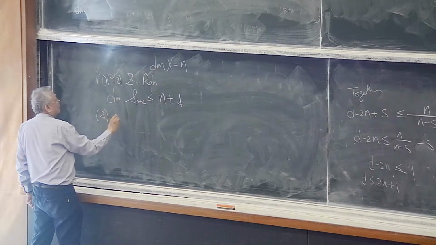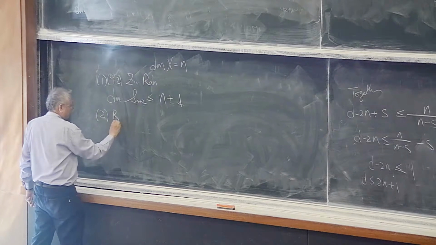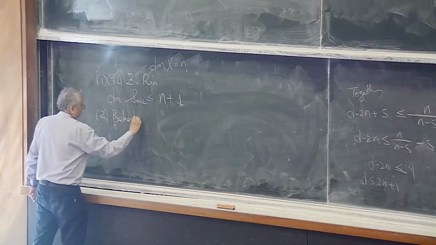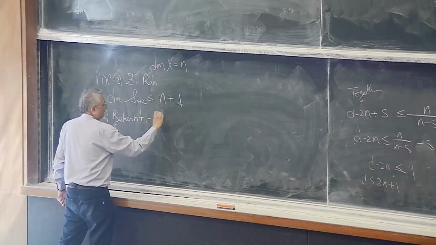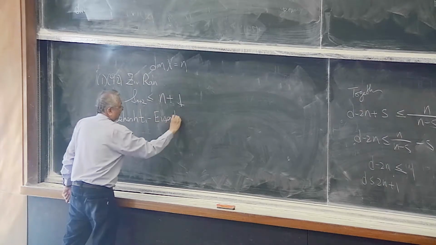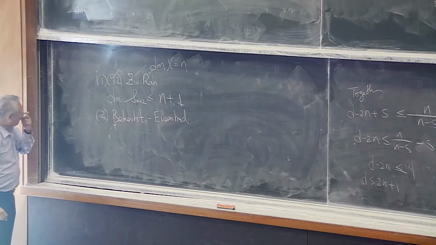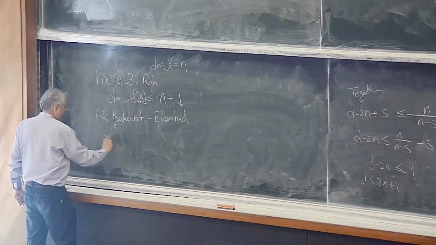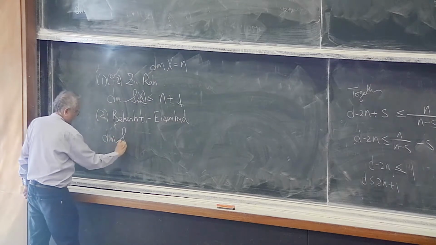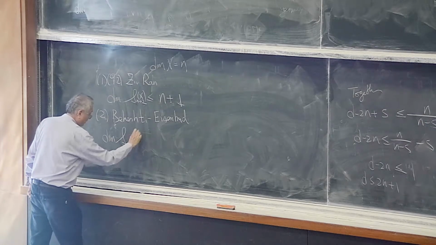A few years ago, Beheshti and Eisenbud generalized the Sifran formula for any k.